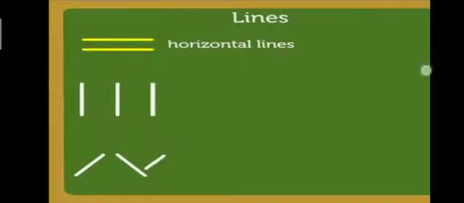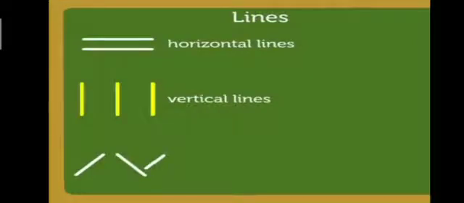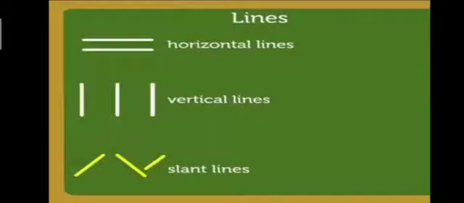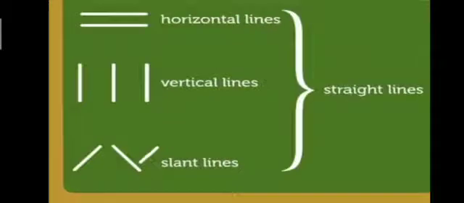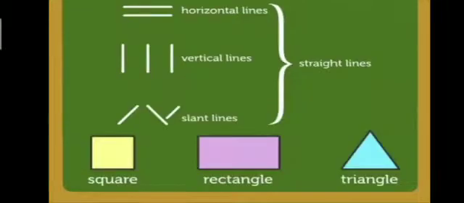Students, your exercise book has horizontal lines. Students, these are vertical lines. Students, these are slant lines. All these are called straight lines. We use them to create various shapes such as a square, a rectangle and a triangle.